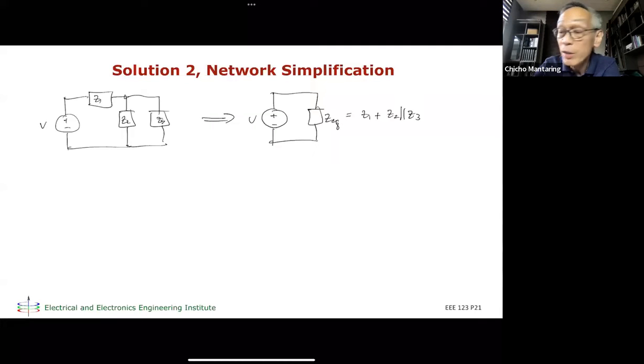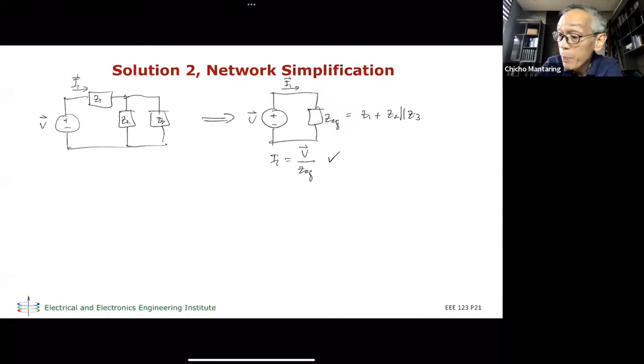Pag nakuha ko na yung J equivalent, masosolve ko na for I1. No? Kasi ito yung I1. My I1 is just V over J equivalent. So ito masosolve ko na.